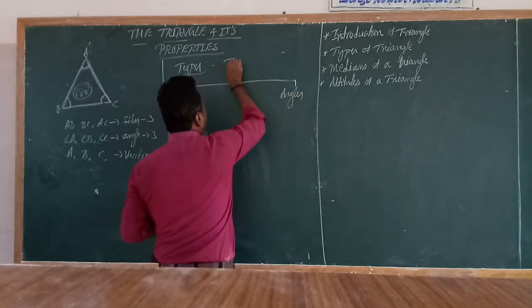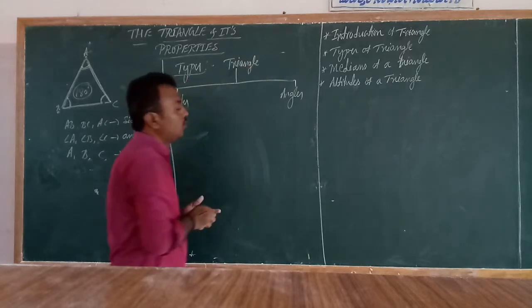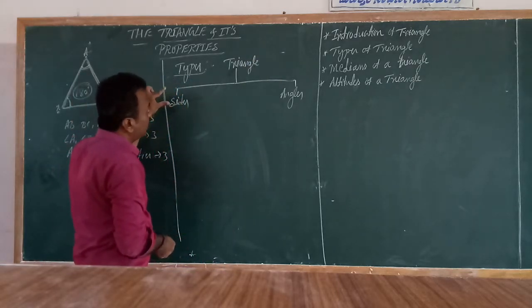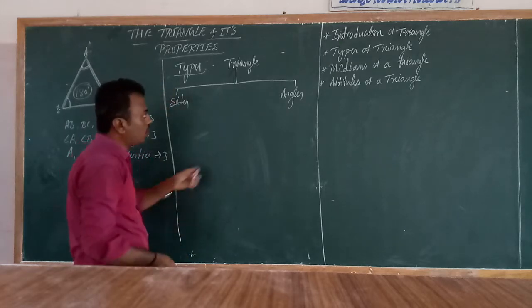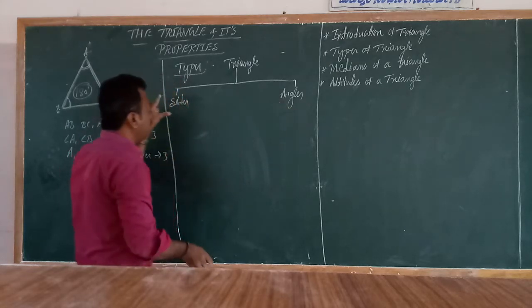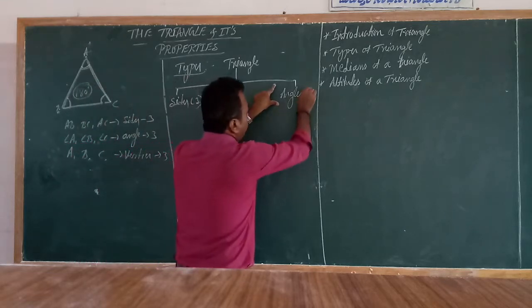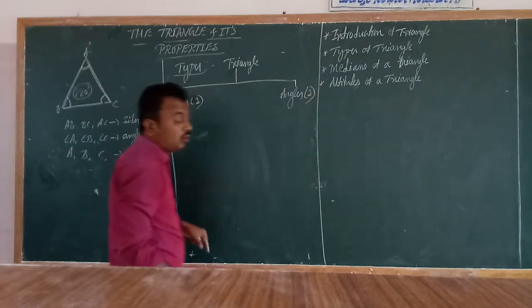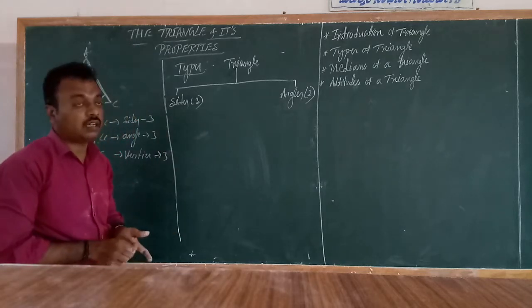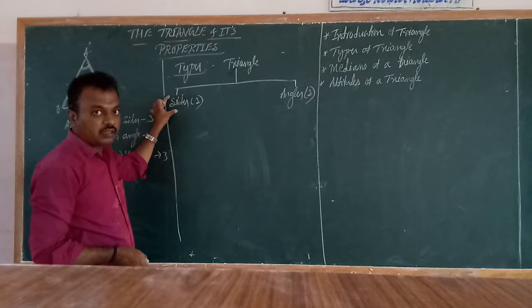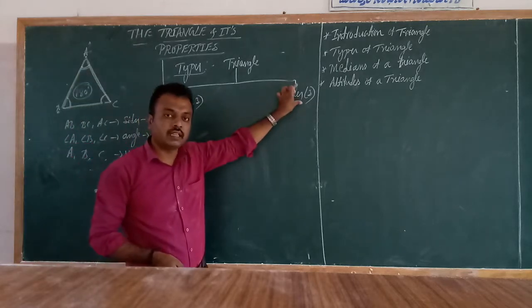A triangle is divided into 2 parts according to sides and according to angles. According to the sides, it has 3 types. According to the angles, it also has 3 types. Totally how many types are there? There are 6 types of triangles. 3 types are based on the sides and 3 types are based on the angles.